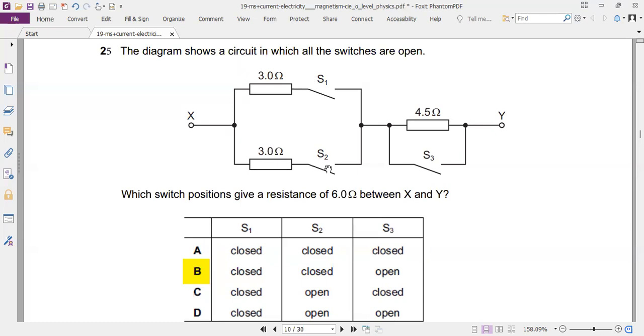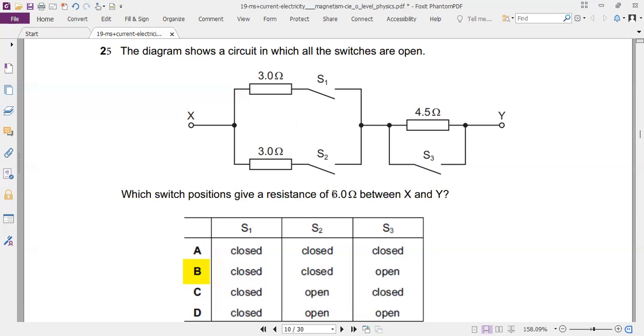When we close S2, the resistance of 3 and 3 in parallel will become 1.5, and added to 4.5 gives you 6. Take a note. Now 7.5 and 6. Now when we close S3, what happens?